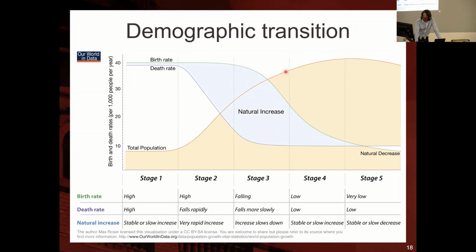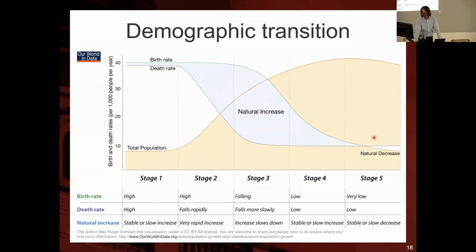You see the orange line here, not so steep as it was on stage 2. So natural increase slows down. It's not so rapid as it was. And then it starts to even get more stable or a slow increase even when fertility keeps declining even more.